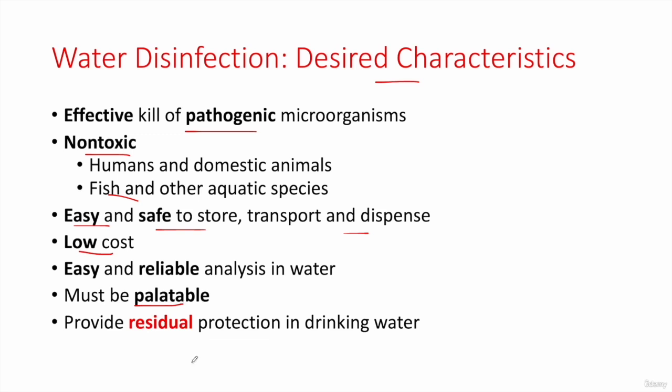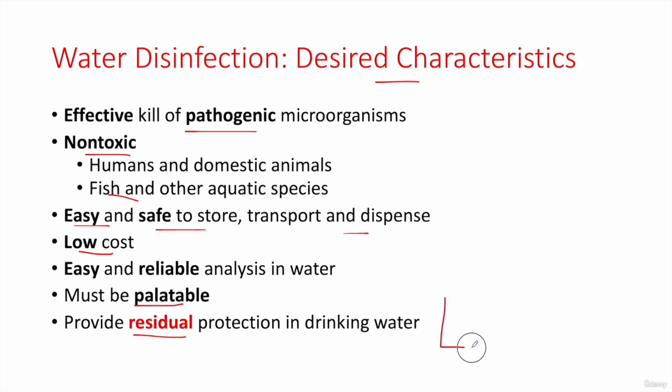And finally, it is preferable to have this residual protection in drinking water. It is actually a very major feature, and this is provided by the chlorination. What does it mean to have residual protection?